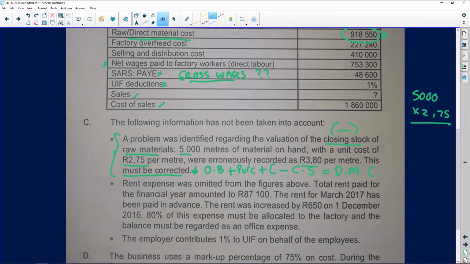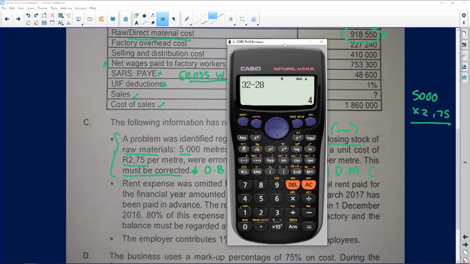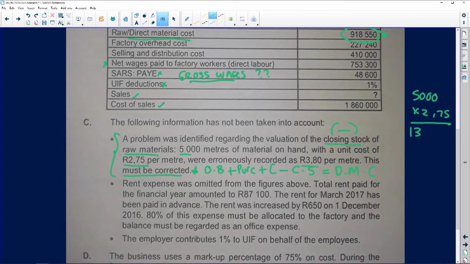So the correct value of my raw materials on hand for the 5,000 meters is 5,000 times 2 Rand 75, and that gives me an amount of 13,750, which is obviously the correct value that should have been subtracted.